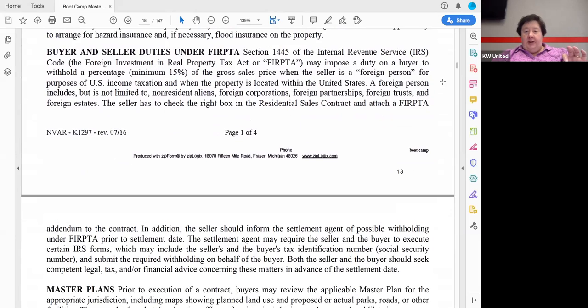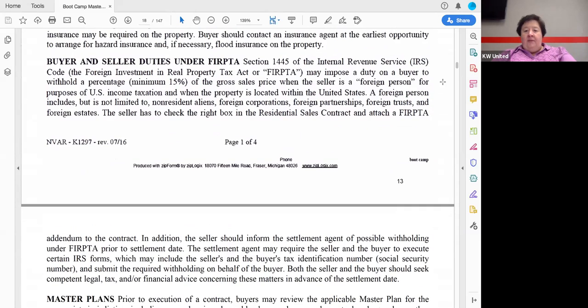Most of us don't understand FIRPTA. But you've got this paragraph here that tells you what it is, explains who a foreign person is versus who's not, okay? And so it says section 1445 of the Internal Revenue Service Code, the Foreign Investment in Real Property Tax Act is called FIRPTA. So that's where it comes from. That's what it means. It's the first letter of all those words.